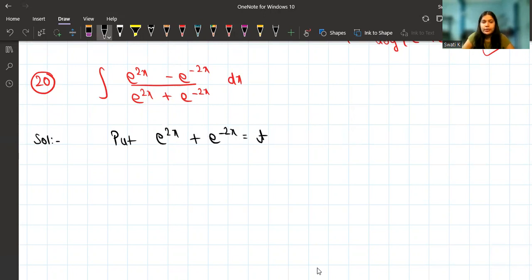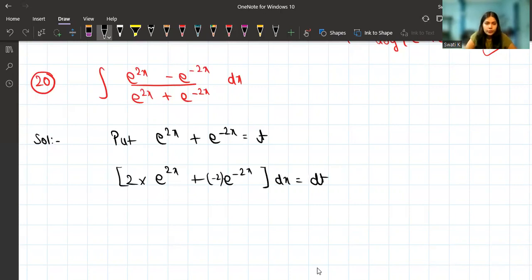Now, if you do the derivative of this, it will become e raised to 2x, and then, of course, by chain rule, the derivative of 2x is 2, so times 2. Plus this will become e raised to minus 2x as it is, and again by chain rule, the derivative of minus 2x is going to be minus 2, and then dx equals dt.